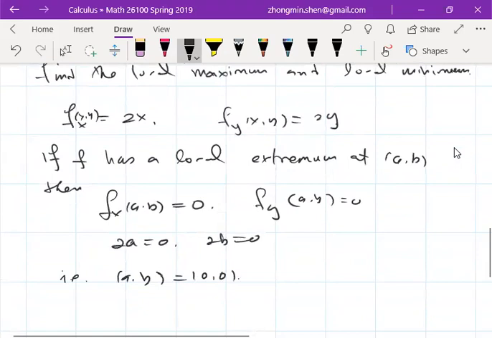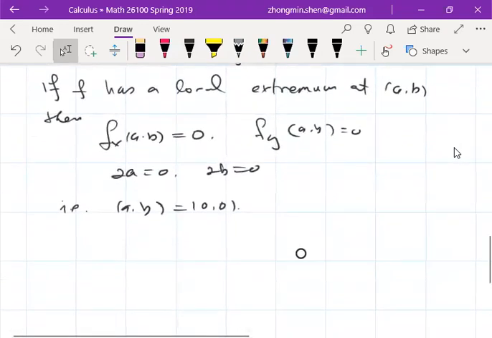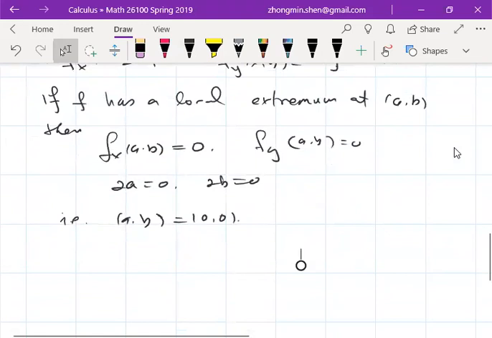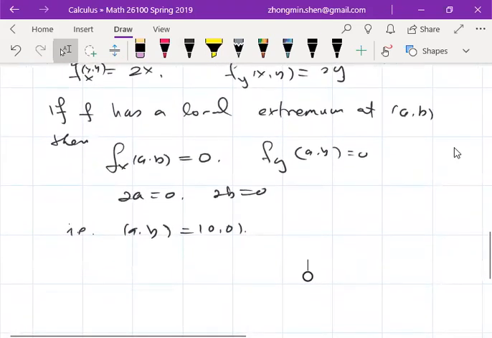But that's all. This is obvious from the given function, because this is just a candidate, the point at which the function may have a local maximum or local minimum. Now look at the function again.